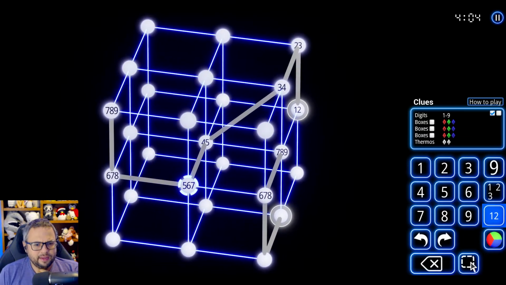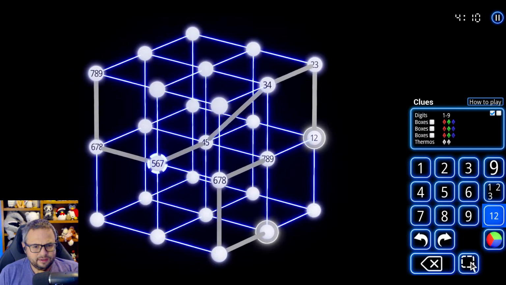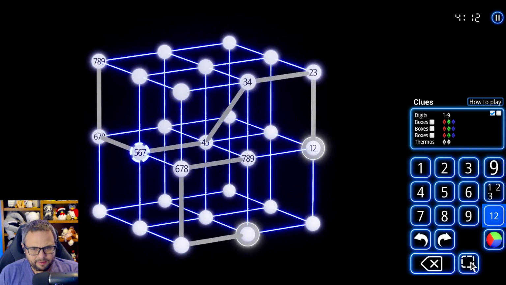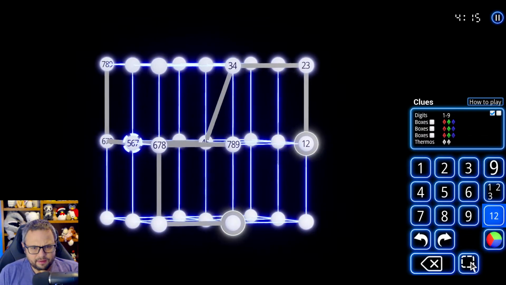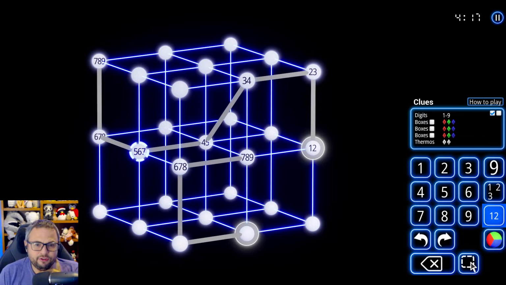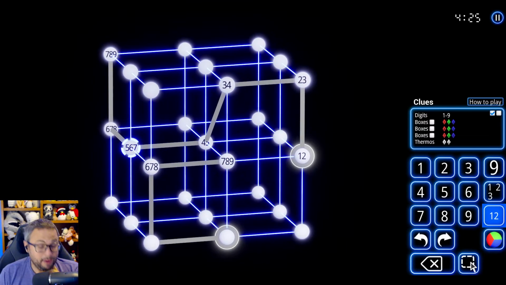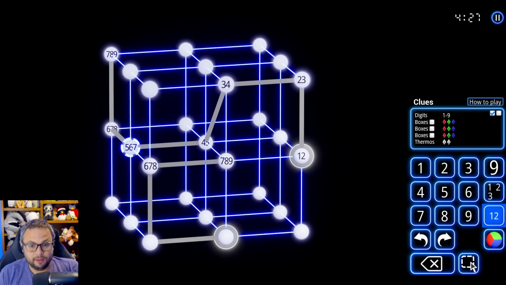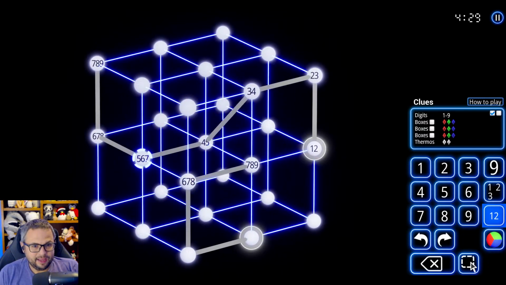Oh, no, yeah, we're almost at having a 5, 6, 7, 8, 9 quadruple, but not quite. I do feel like we might be coloring this whole thing. The gray path is a thermo, so digits get bigger along it as you go from the top to the bottom.